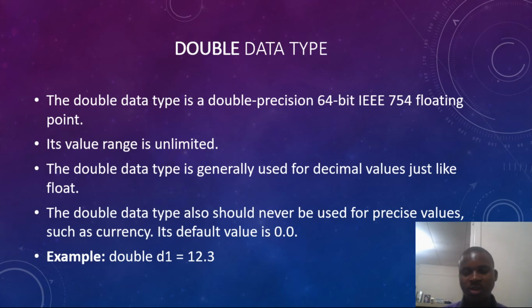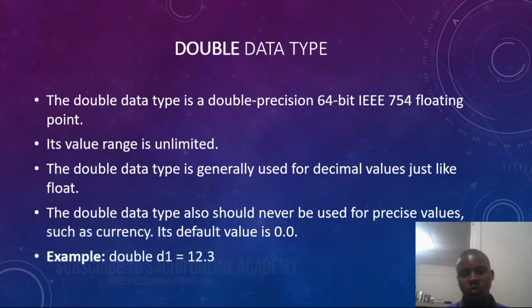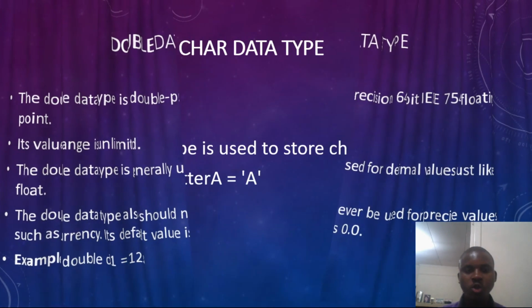The double data type should never be used for precise values such as currency. Its default value is 0.0. So what are they saying here? We have to use the double data type for values which are not exact. Example: double d1 is initialized to 12.3. That's a type of double value.